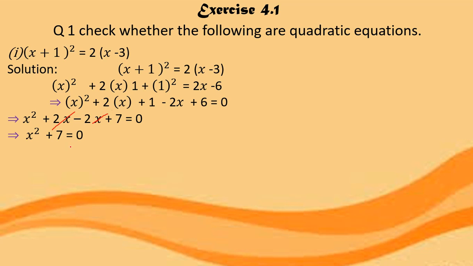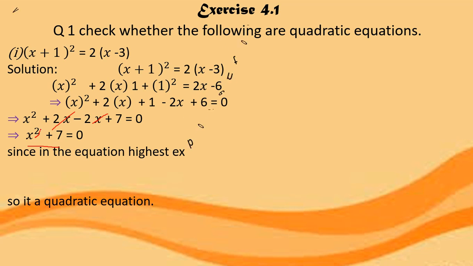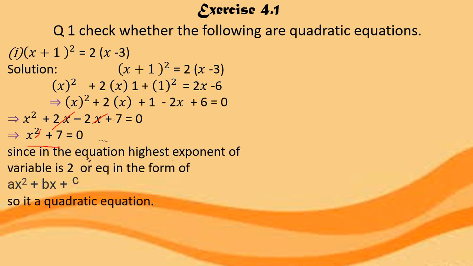So x square plus 7 is equal to 0. Now in x square plus 7, the highest exponent of the variable is 2. So we can say the equation is in the form of a quadratic equation. So it is a quadratic equation.